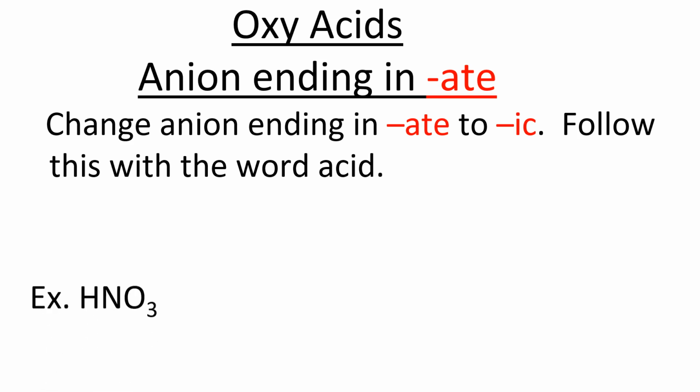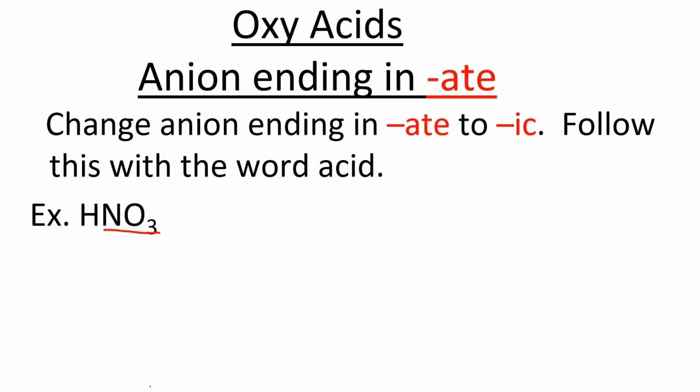So let's look at an example, and I'm going to give you the one that I used on the previous slide. Looking at this acid, HNO3, which part of it is the anion? NO3. What was the name of that anion? Nitrate.